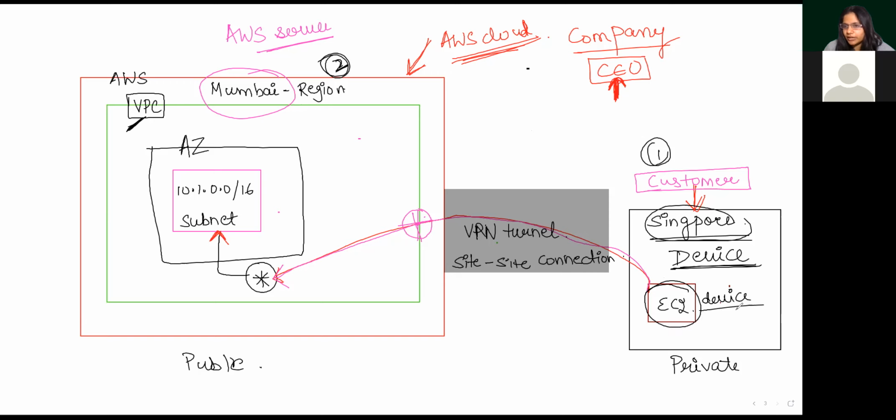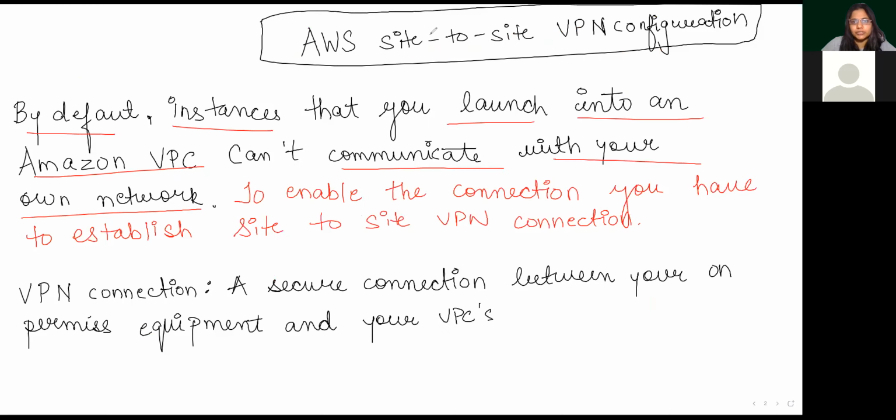It is a virtual machine, right? So this device wants to access your VPC connection. So a VPN connection is a secure connection between your own premises equipment, that is your EC2 instance in this case, and your VPC that you have created in the Amazon account.